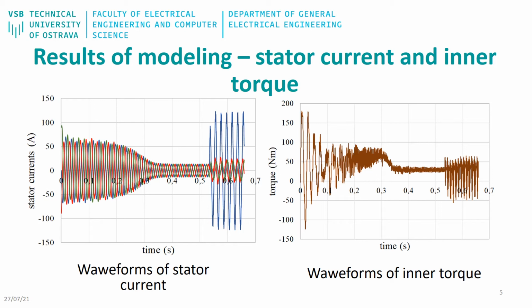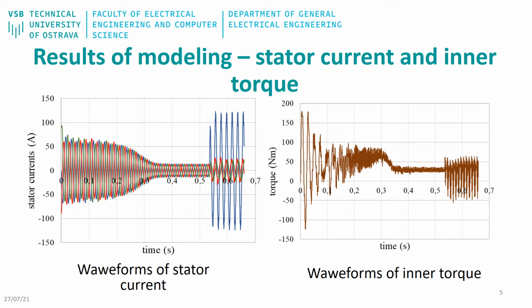In the next step, our modeling considered the inclusion of a coil-to-ground fault. They were realized at approximately 0.53 seconds after start. For the affected phase A, we can see from the current waveform that the value is very high compared to the other unaffected phases.